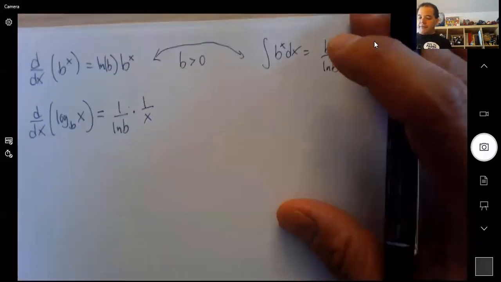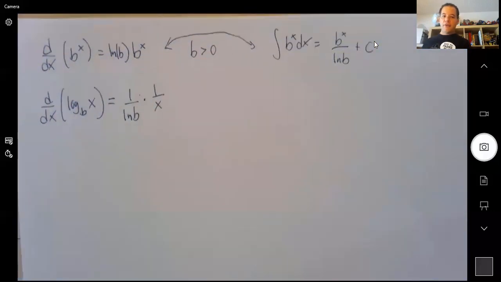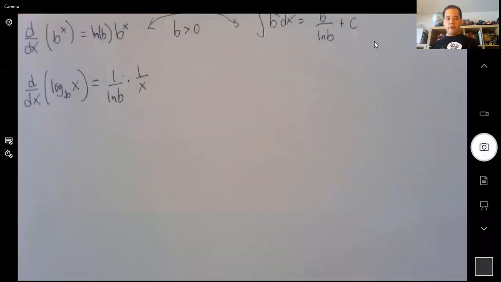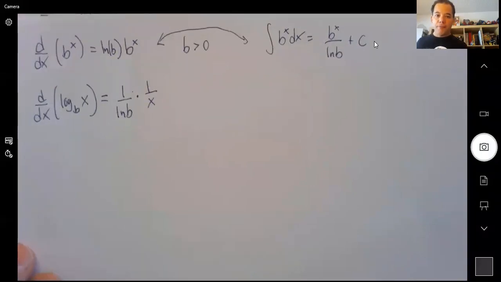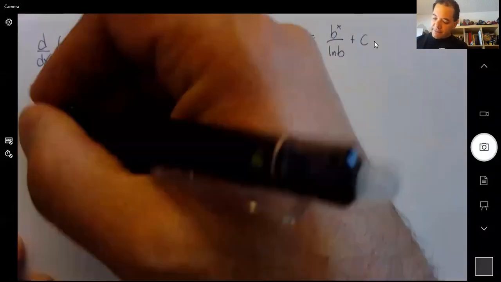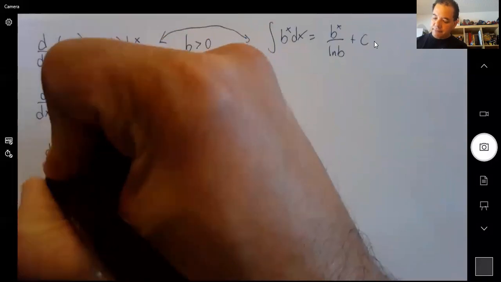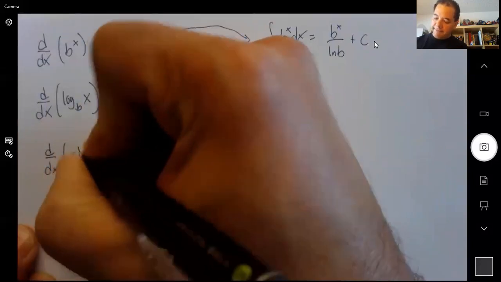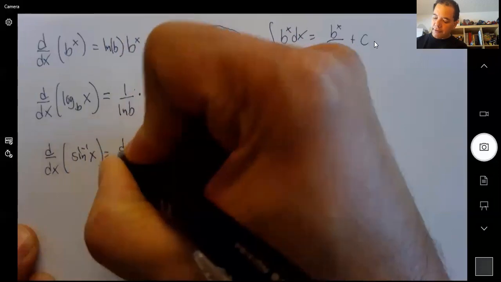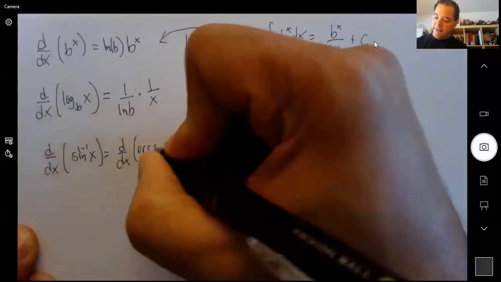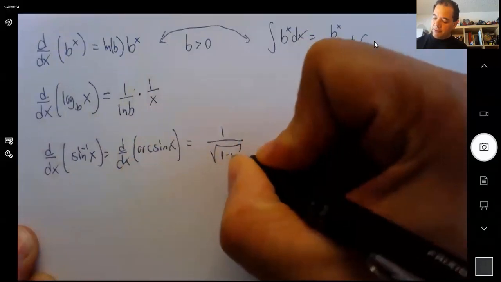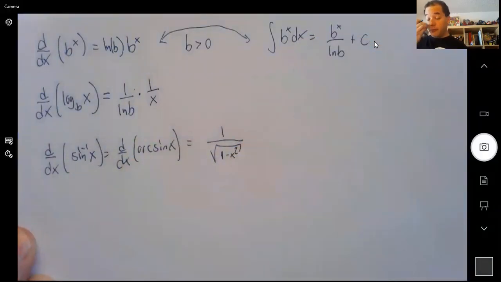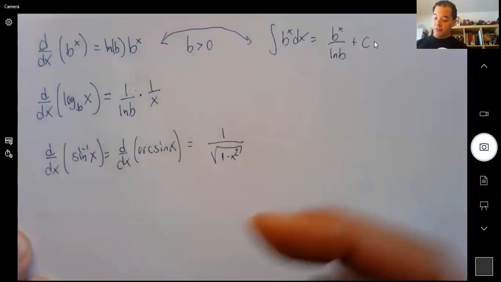And then we have the inverse trig functions, right? So which ones are those that you need to know? You need to know the ones that don't have co, right? So the derivative of inverse sine, also called arc sine, is 1 over the square root of 1 minus x squared. This one, by the way, is also useful for when you do trigonometric substitutions. So you have to know this.